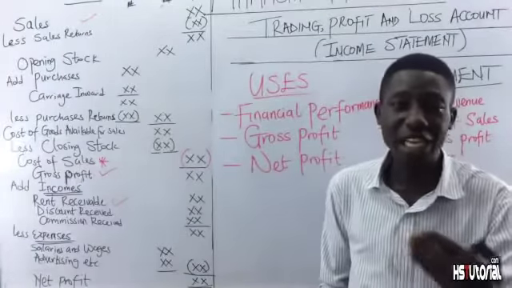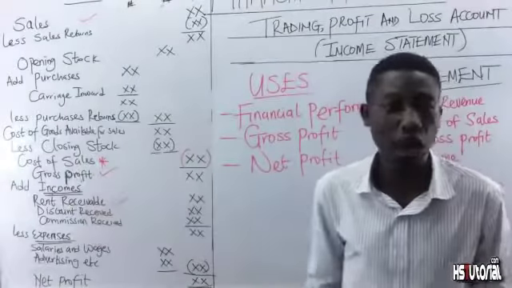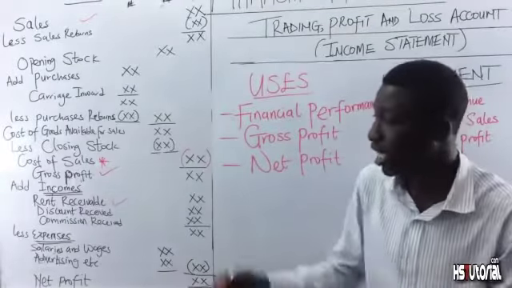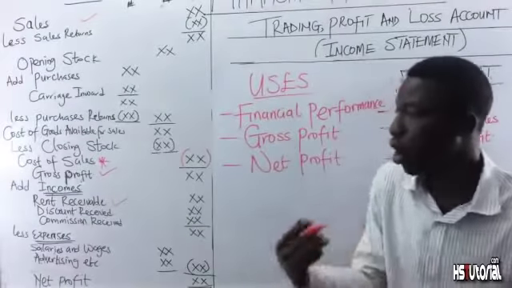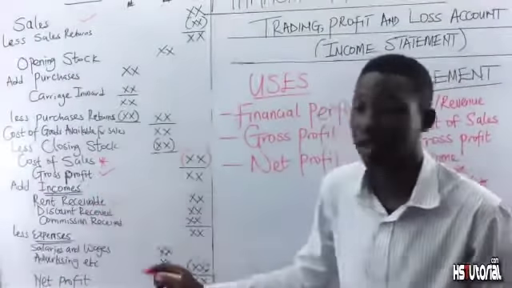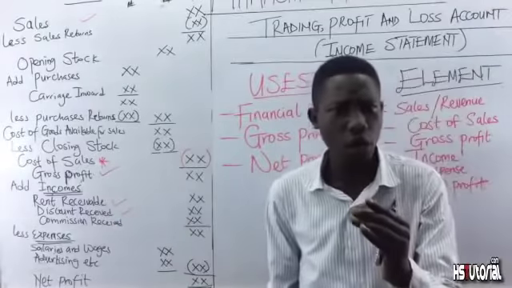The price that has been reduced is your discount received. It is an amount that comes to you, so you will have to put it as part of your income.